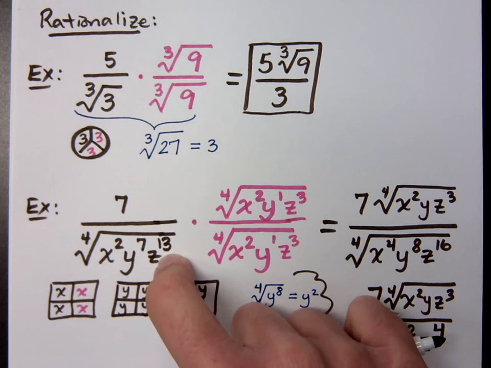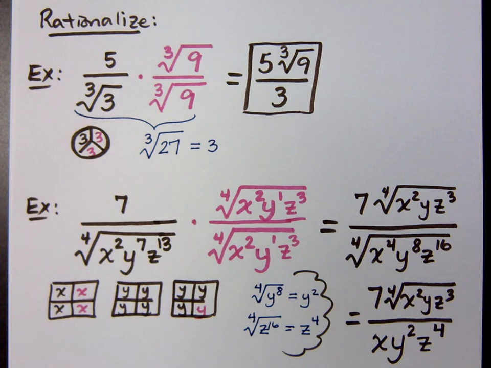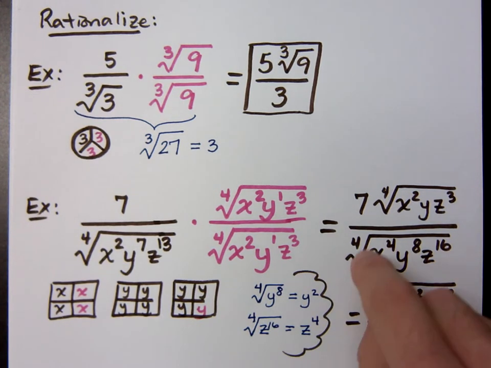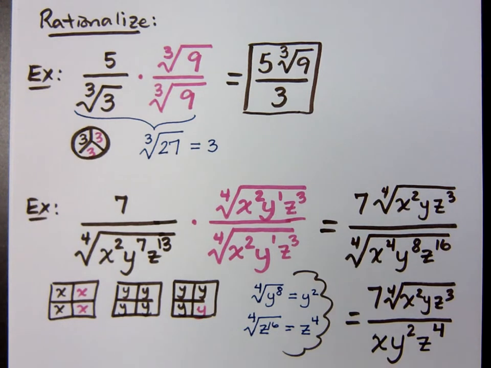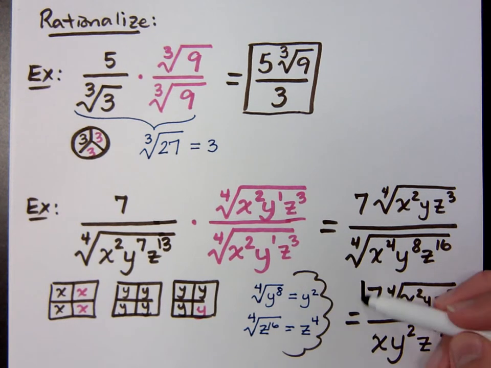With the remainder of what? 1. I'd have 1 z left inside. How many more buddies would he need to be able to break out? 3 more, right? Because then you'd have z to the fourth, and that would match up with that guy. So that's why I put in just 3 more z's. That's why I put in just 1 more y. And when I've got this, there's nothing more for me to do.